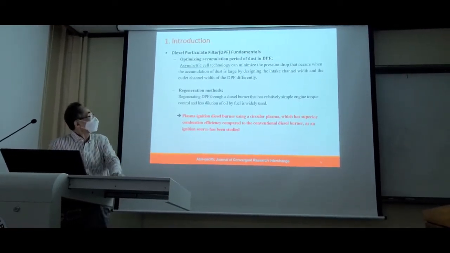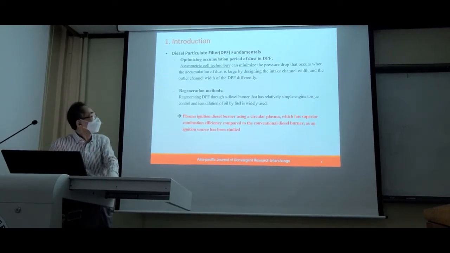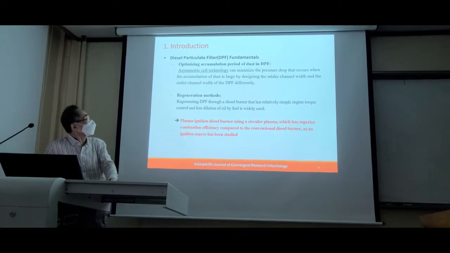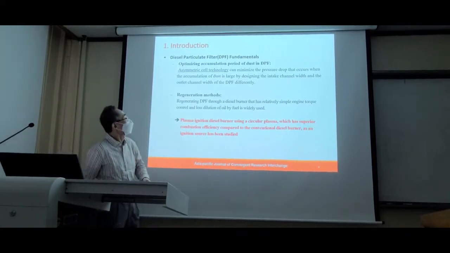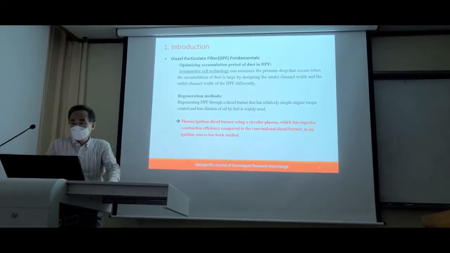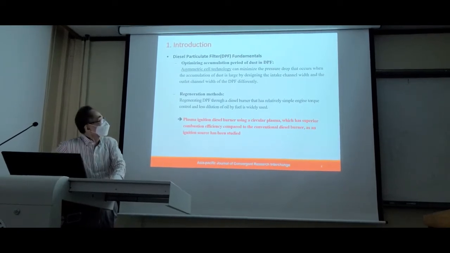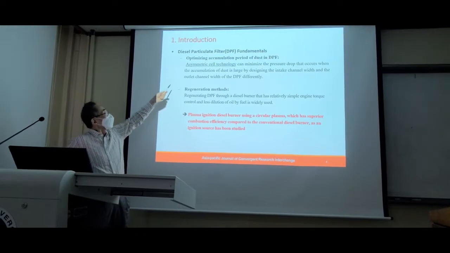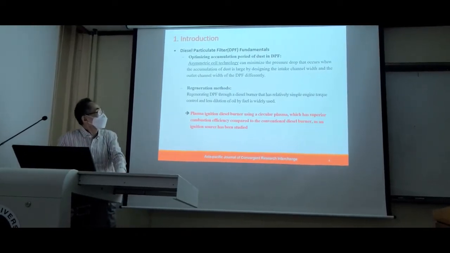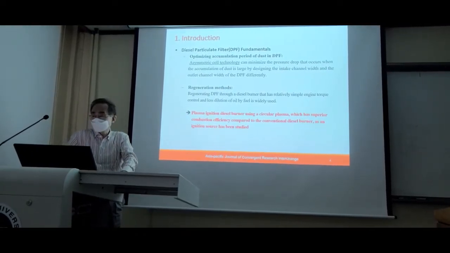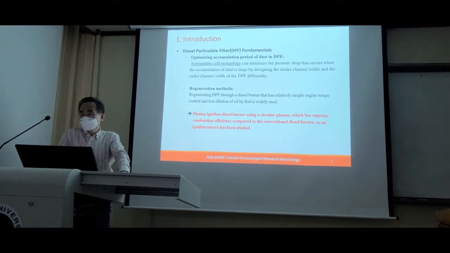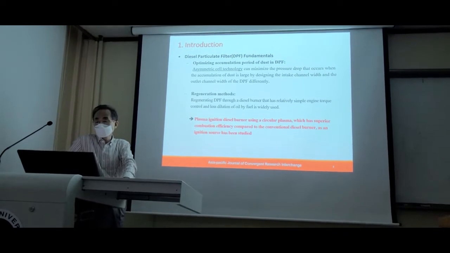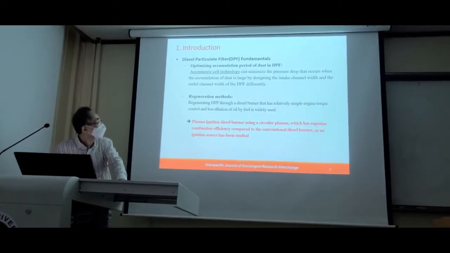Usually, the DPF substrate is manufactured with asymmetric cell technology, so it can minimize the pressure drop when the accumulation of dust is large by designing the intake channel with an outlet channel in the DPF.